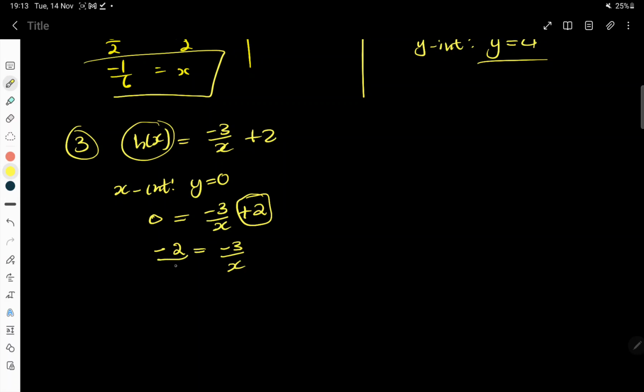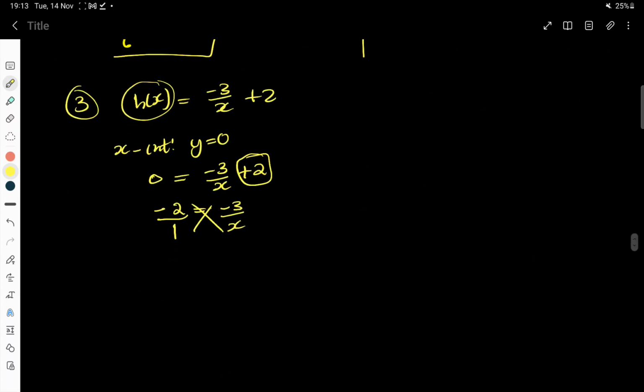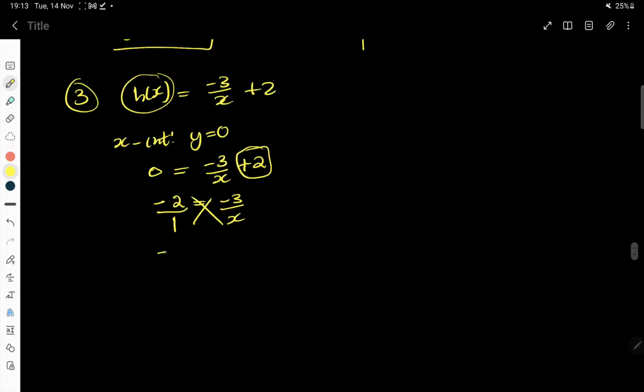To have this as a fraction, you put it over 1, then you cross multiply. Remember, for a hyperbola, we cross multiply; for those other ones, we do not cross multiply. Then negative 2 times x is negative 2x is equal to 1 times negative 3, which is negative 3. Then you divide by negative 2, it cancels, then x is equal to negative 3 divided by negative 2, which is 3 over 2.